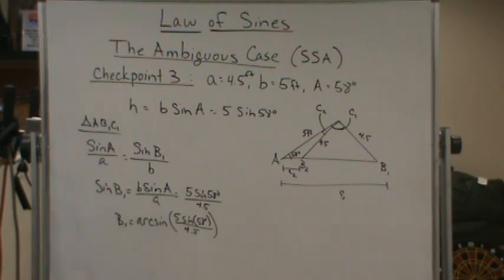And what do we get? 5 times sine of 58, divided by 4.5, and then, okay, so I get 70.4 degrees.